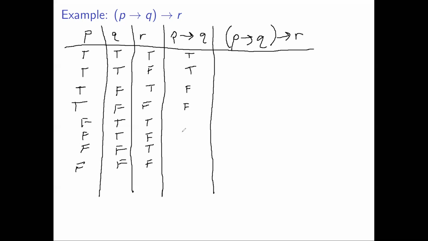Fifth row, P is false and Q is true, so the hypothesis is false, but the conclusion is true. And whenever the hypothesis is false, the conclusion can have any truth value and the implication will be true. So this is true. And the last few rows will also be true because, again, the hypothesis P is false for all of these last four rows.